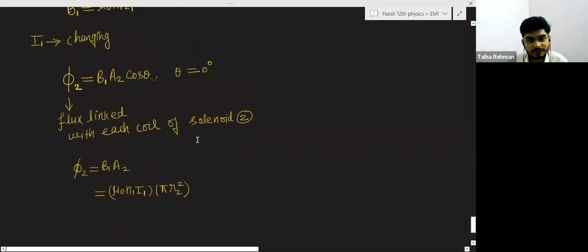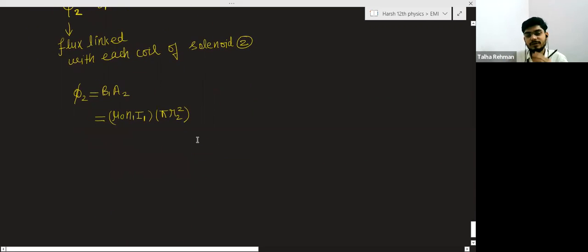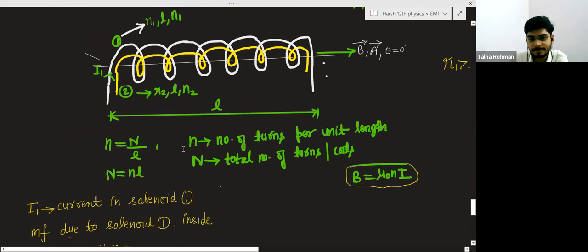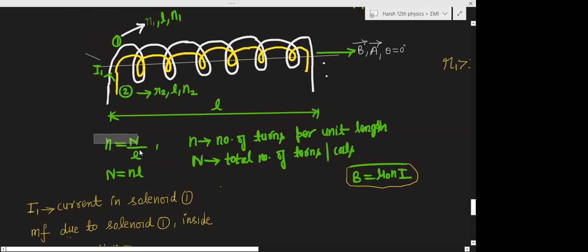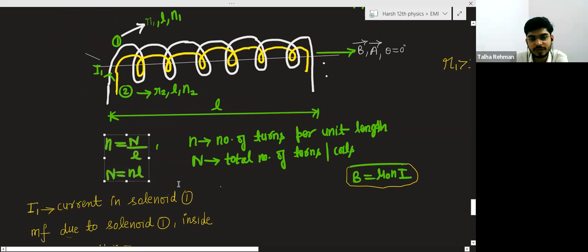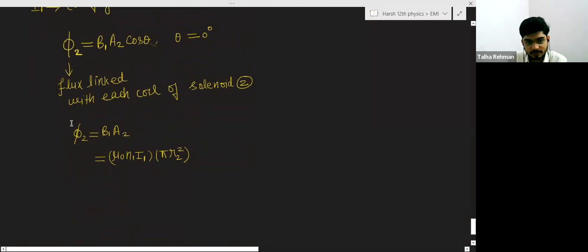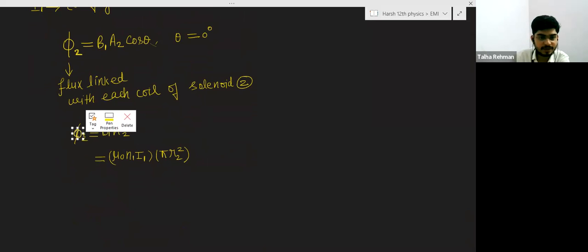What are the total number of coils? How can we calculate the total number of coils? The total number of coils of the solenoid is capital N, and there is a relation between capital N and small n.